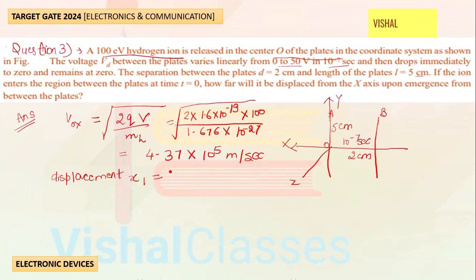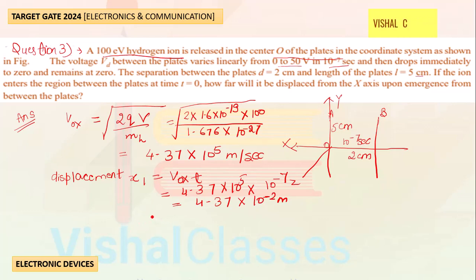Formula: velocity into time. Vox is 4.37 into 10 raised to power 5 into time. Is time given or not? Yes, 10 raised to power minus 7, and this value comes out to be 4.37 into 10 raised to power minus 2 meter.